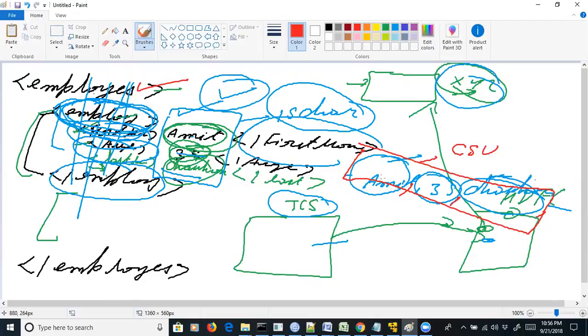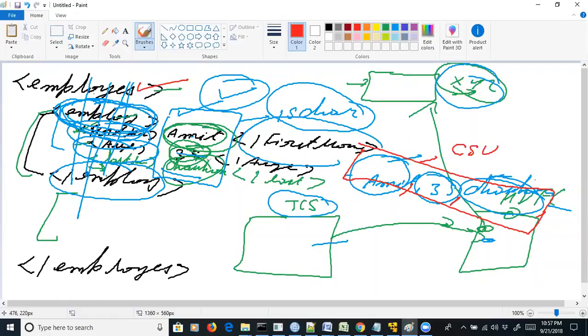Then we have another file format, which we call the positional file. Again, in the positional file, both parties have to agree on the format of the file.